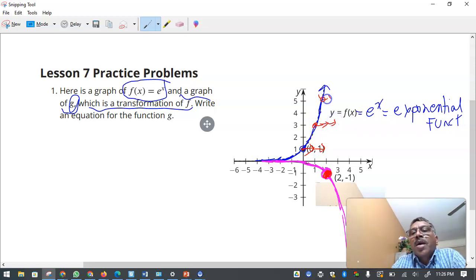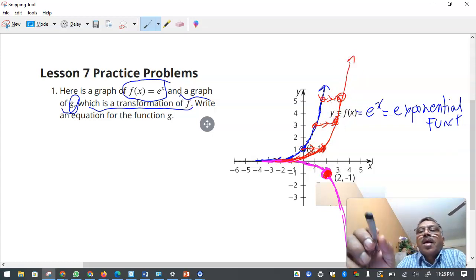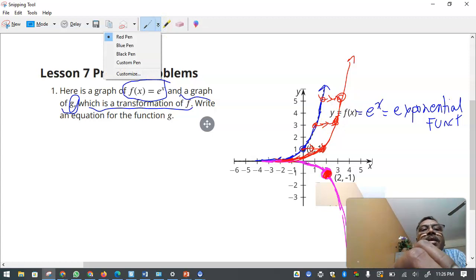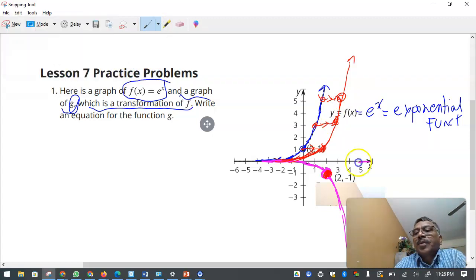Any point moves 1 and 2, and you get this graph. You first translate 2 units to the right, and after that you reflect it over the x-axis. When you reflect over the axis, this point will exactly match here, this point will match somewhere here, and you are done.